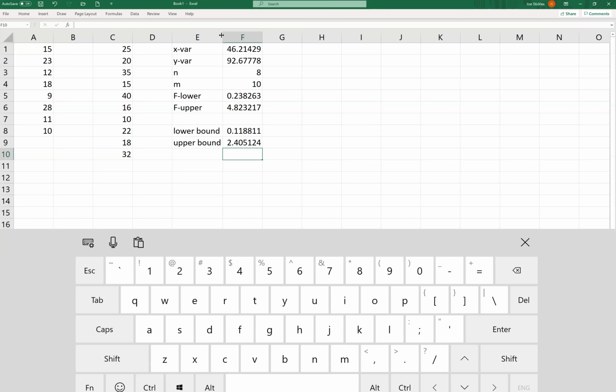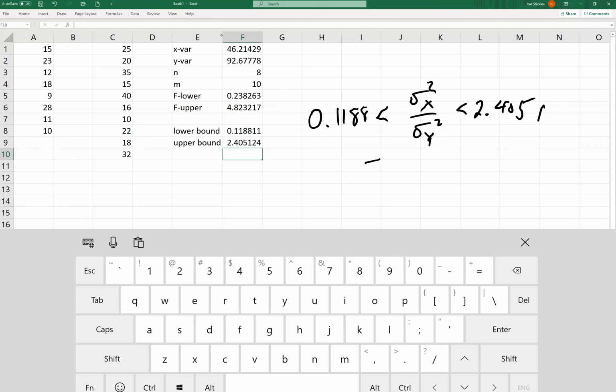Right. So again, if we were writing this down, you can actually write this on here, you would write, as a double inequality, 0.1188 is less than sigma squared x over sigma squared y is less than 2.4051.